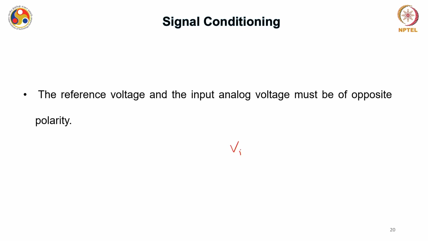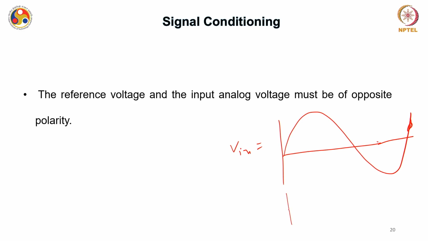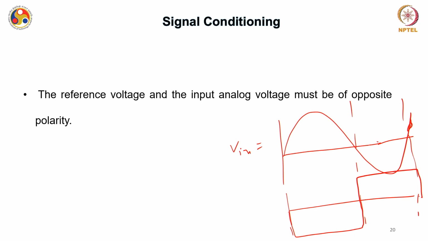So if V in is continuously changing, say I have this kind of input signal, the reference voltage in this zone and in this zone can be like this.